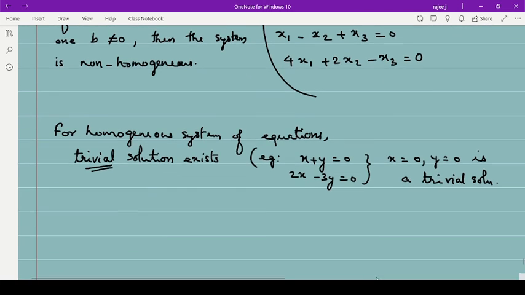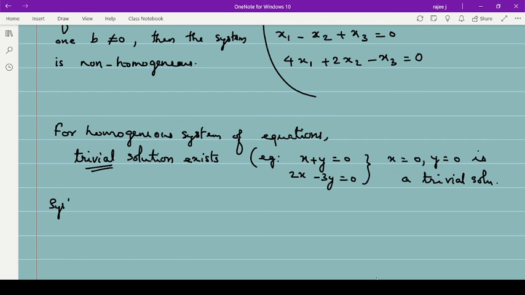Whenever you get a solution for an equation or a set of equations, we say that the system is consistent. I will just write it here.